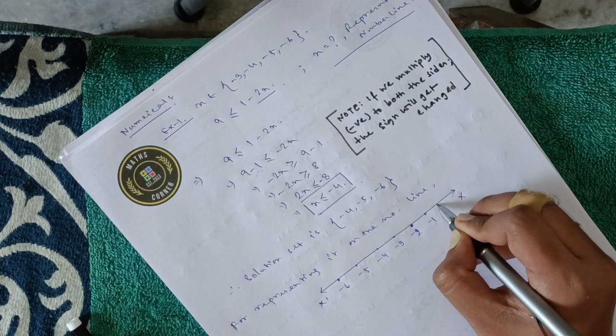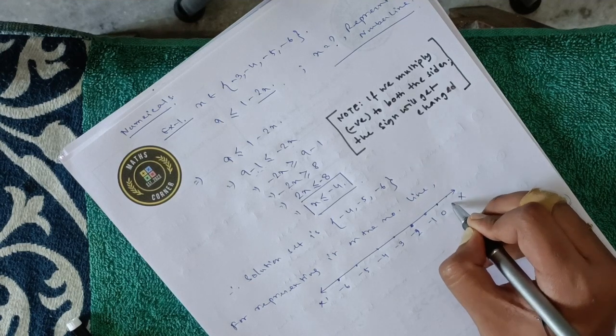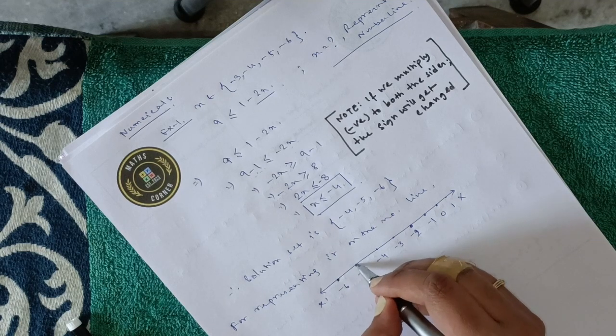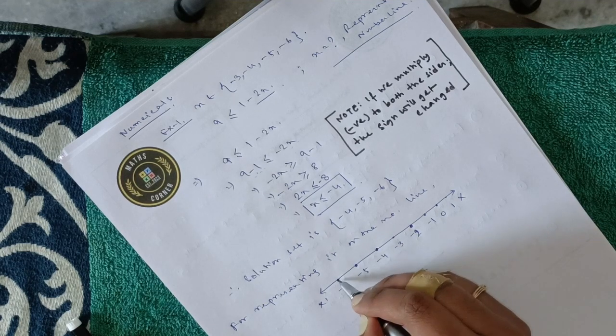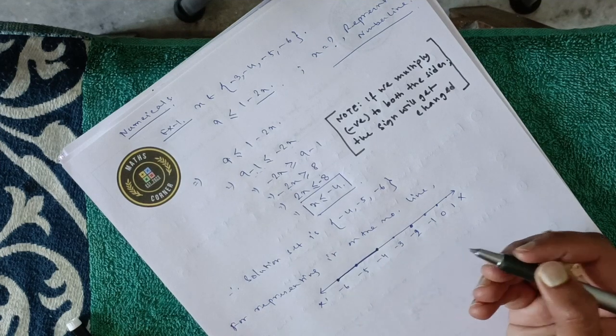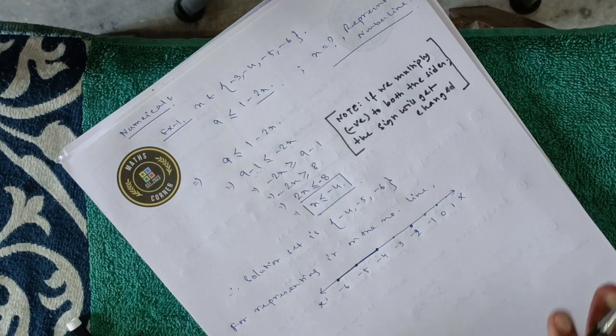Minus 2, minus 1, 0, 1. It will look good. So that's why it is this way. We have to represent it like this. So here is our first answer, and here is the equation. Okay.